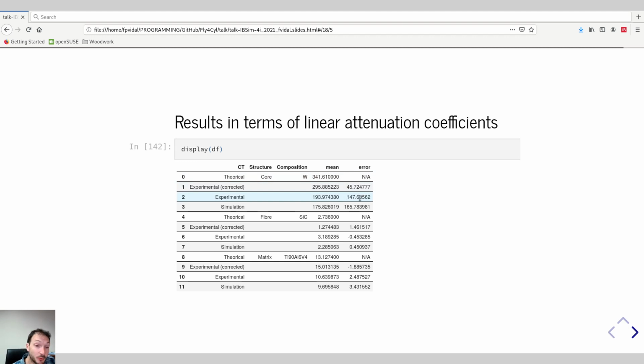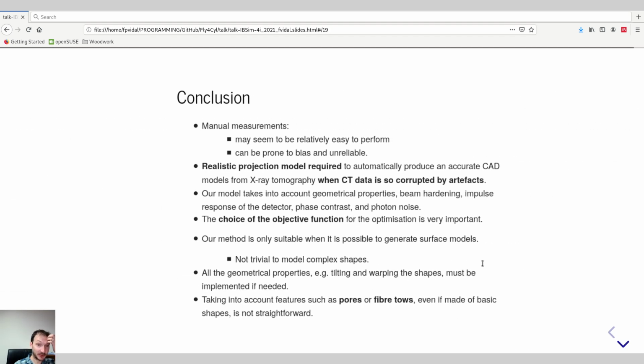So we have recovered the quantitative values. For the fibers, well, not as good, I guess. It's not too bad, I have to say. For the matrix, it was better once it was corrected. So we're quite happy with that.